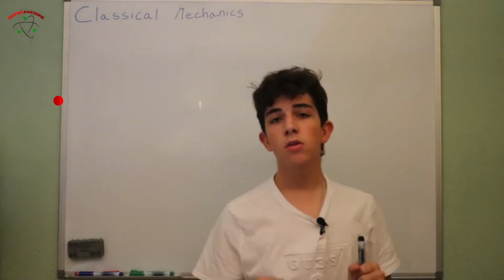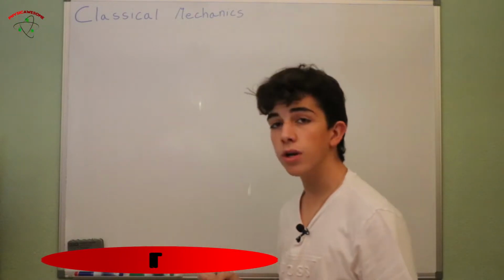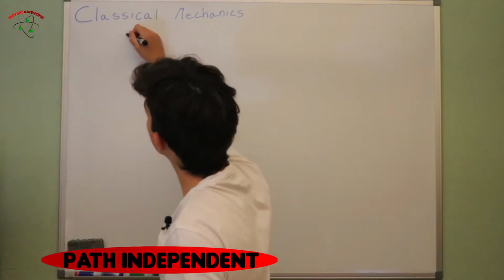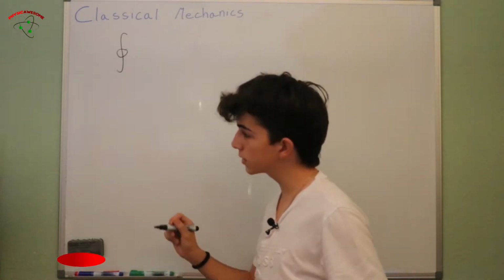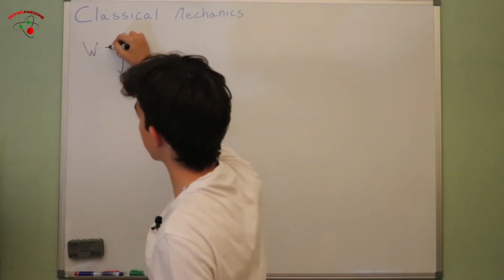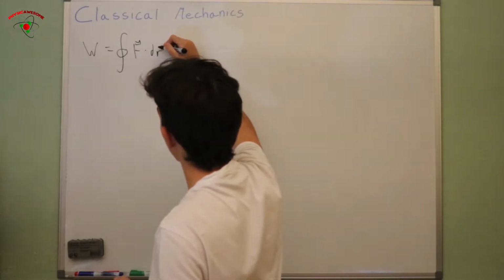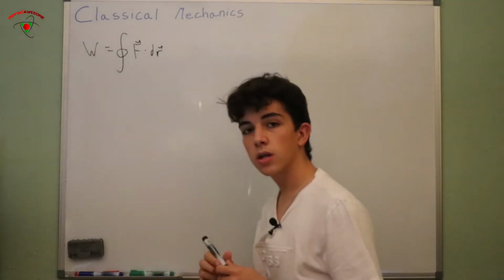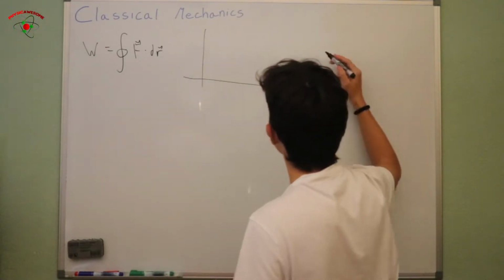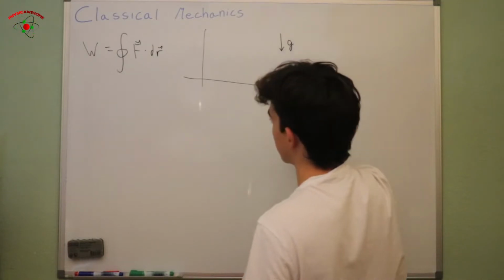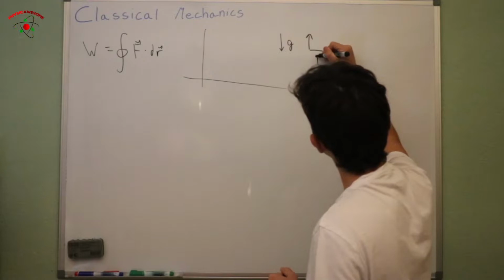Great. Now let's introduce path independence. Recall that work, let's do complete trajectories to understand this notion, equals the integral of F dot dr. And for example, let's examine our situation in a gravitational field with gravity g, and these are going to be our j hat and i hat vectors.